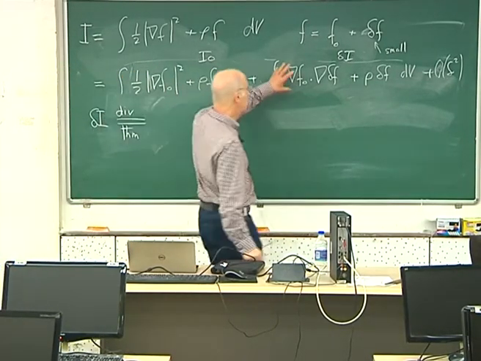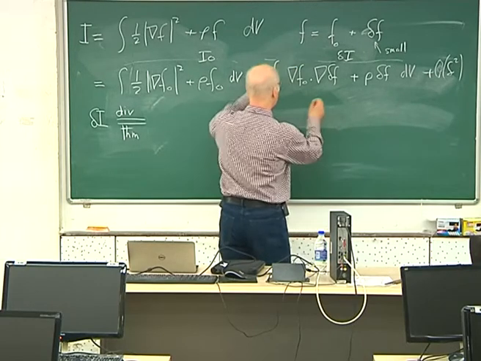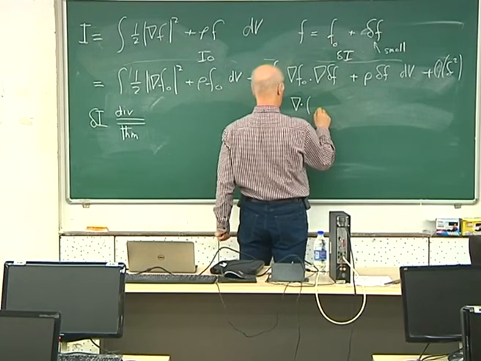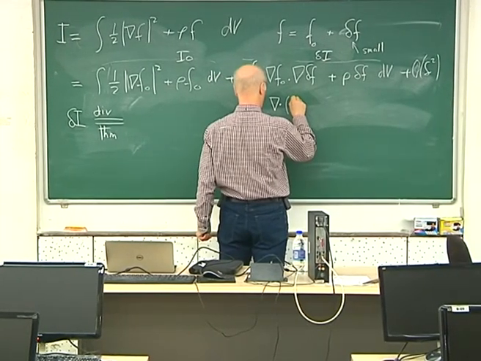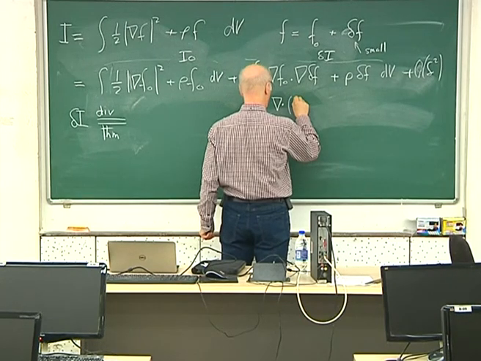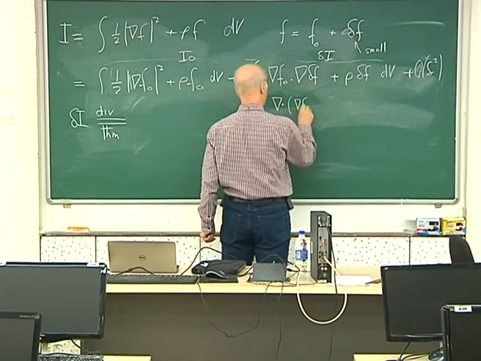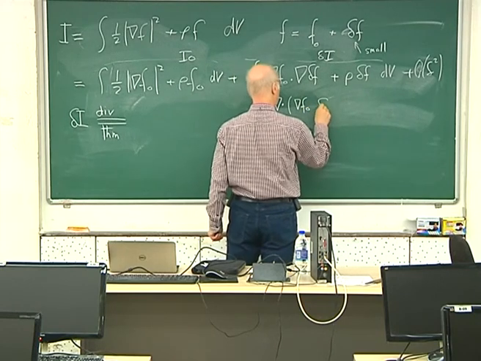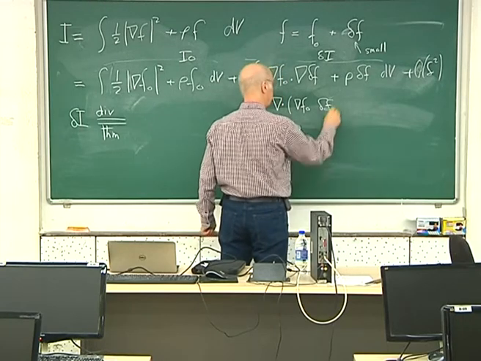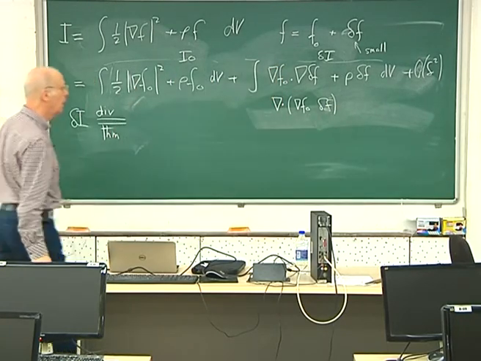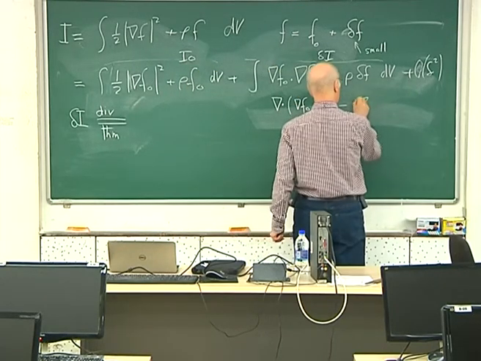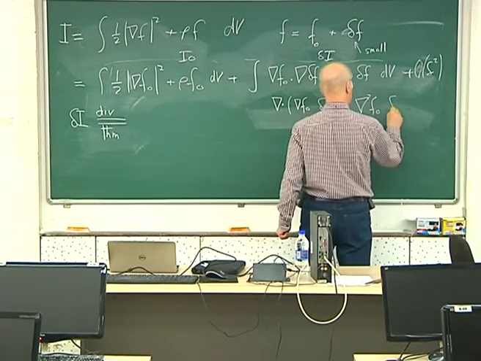So I want to make this the divergence of something. So this is going to be the divergence of, get it right the way around, and then minus del squared f naught times delta f.